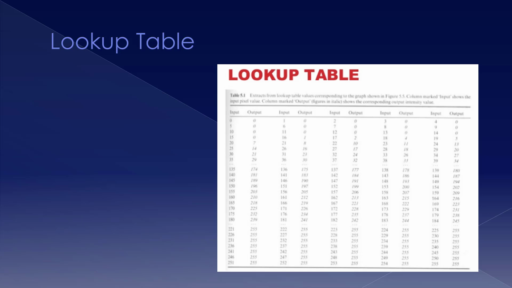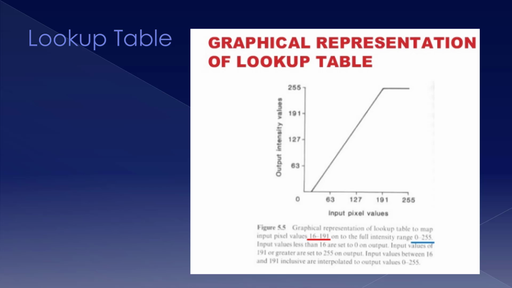This is an example of a lookup table. Again, just to show you what one looks like. No need to memorize something like this. Here's a graphical representation of a lookup table. And so the process here was to map input pixel values from 16 to 191 out to the full intensity range of 0 to 255.